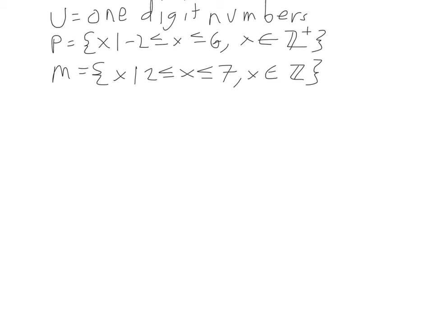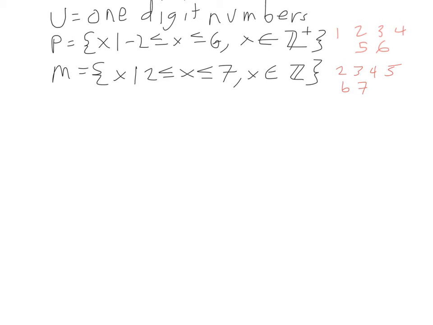So therefore for P, it could be 1, 2, 3, 4, 5, or 6. Those are the only numbers possible. Alright, then we've got M, and M is such that X is between 2 and 7. So 2, 3, 4, 5, 6, 7.